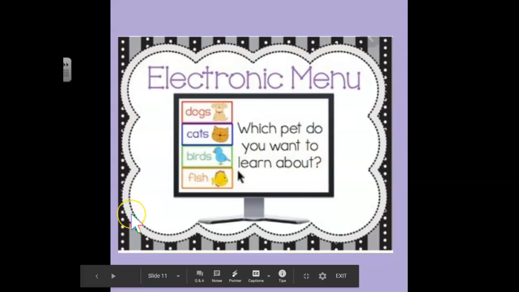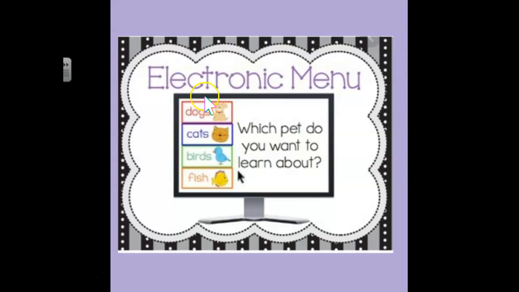All right, and the last one, this is part of your standard, electronic menu. All right, think about a menu. If you go to a restaurant and you have a menu, what is a menu for? It is for picking what you want, a choice. So a menu is for making choices, getting to choose what you want.